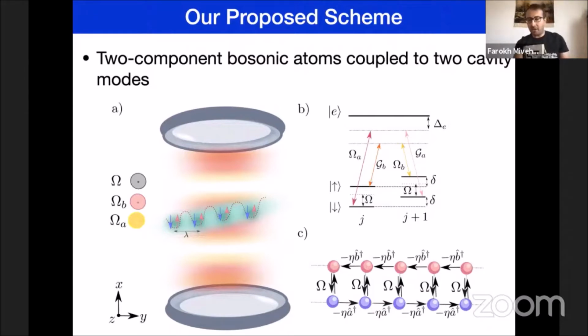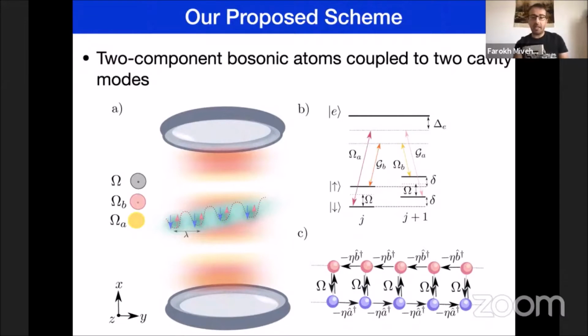As you can see on the right side, in the top figure, if the atoms are in the lower state, they can absorb one photon from laser A, shown with omega A, and re-emit it to the cavity mode denoted with g_A, and then move to the right.